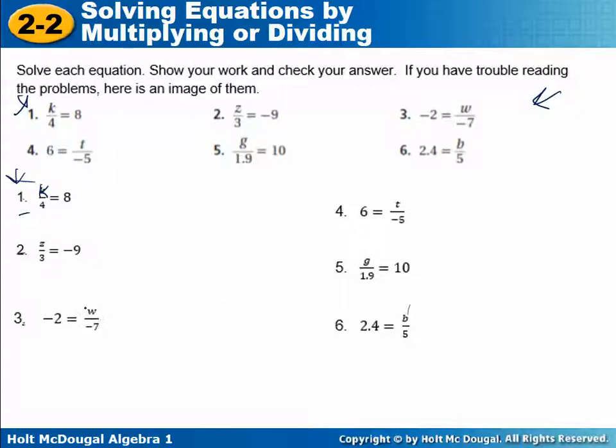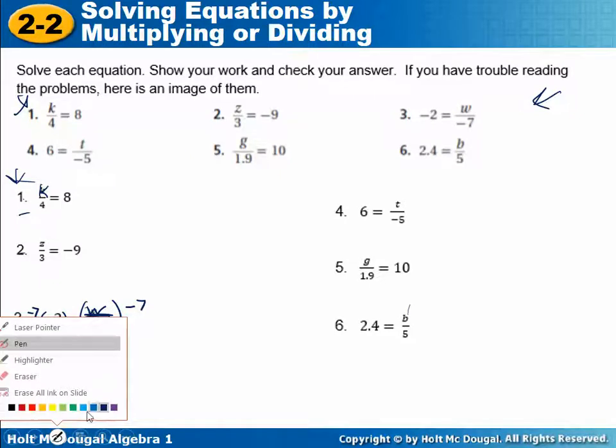Okay, so number 3, the variable is w. What's happening to w? w is being divided by -7. The opposite of dividing by -7 is multiplying by -7. Don't forget to multiply by the -7. If you don't, your answer will be wrong. So I'm going to multiply both sides by -7.